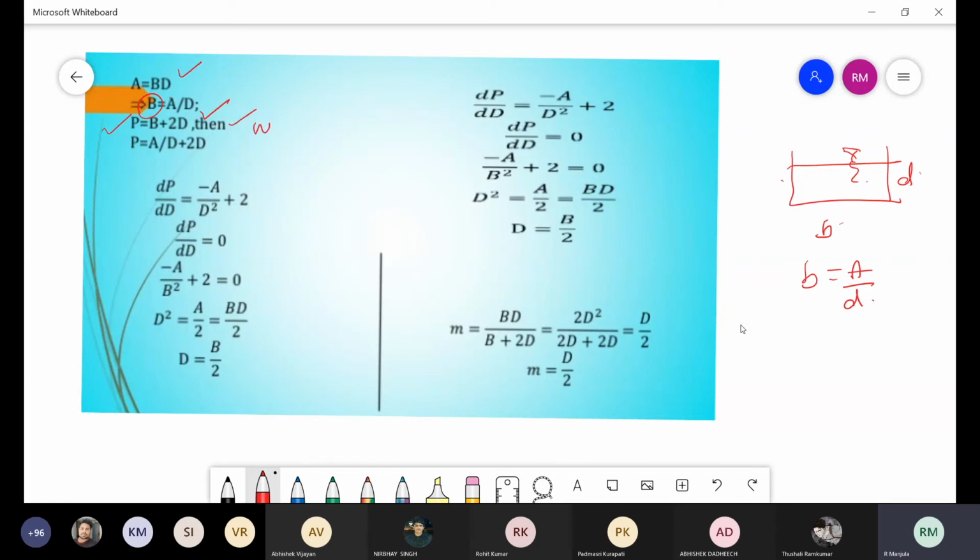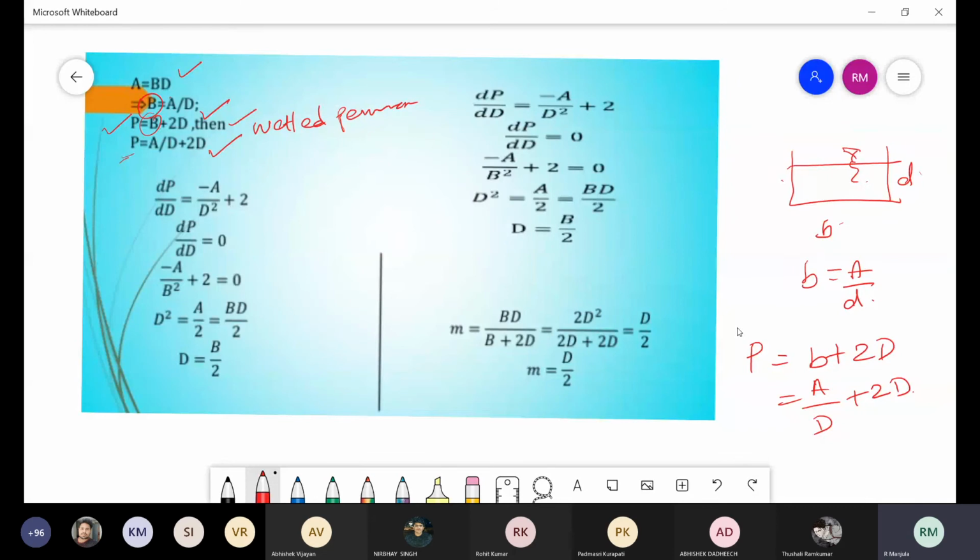Writing B in terms of D, P is equal to A by D plus 2D.